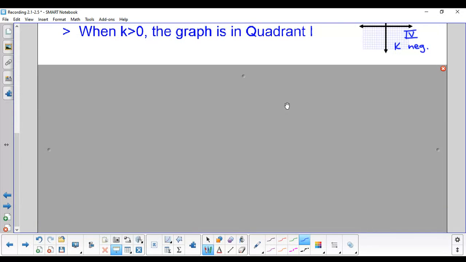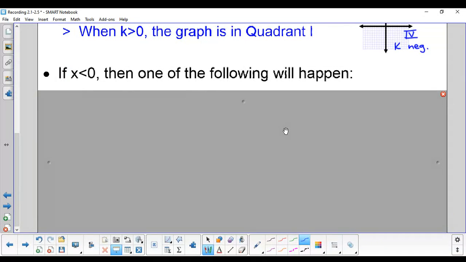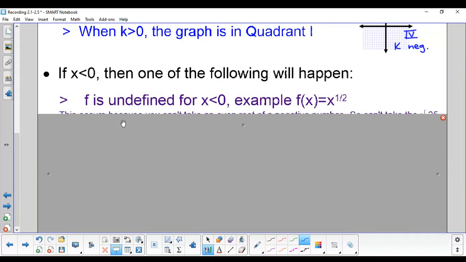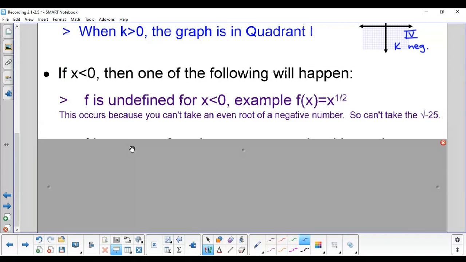The third component of figuring out the graph of a power function is based on the exponent or the value of a. Now, formally, we define this as if the x or base, whatever we plug in, is greater than 0, then these are the things that happen. So the first situation that can happen is that we call it f, or the function is undefined.